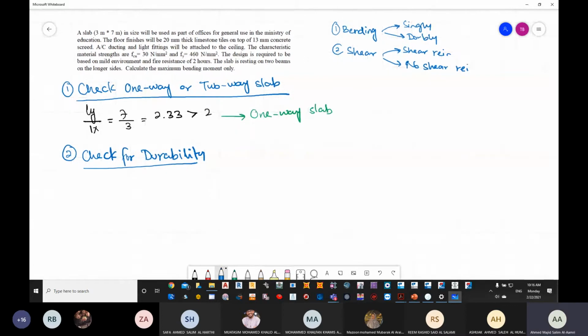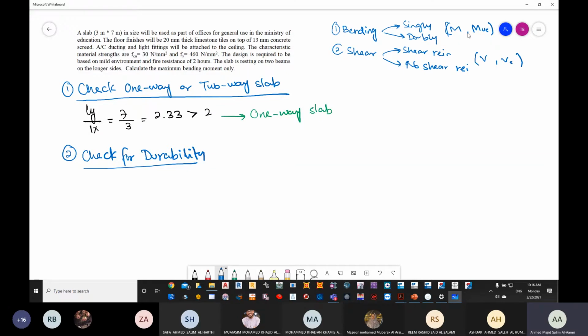If you remember, for bending, you used to compare between M and MUC, or K and K dash. For shear, you used to compare between V and VC. We are going to see all of these in detail later.